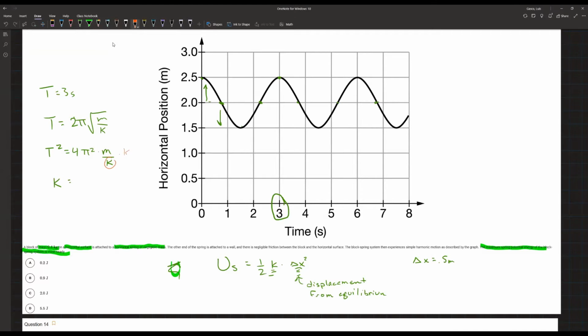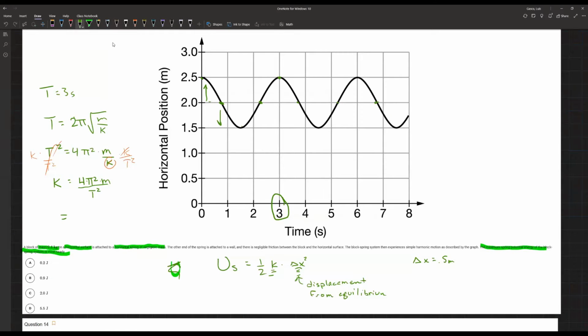We multiply by k, and then we divide by T squared. Basically, they swap spots, and we get k equals 4 pi squared m all over T squared.